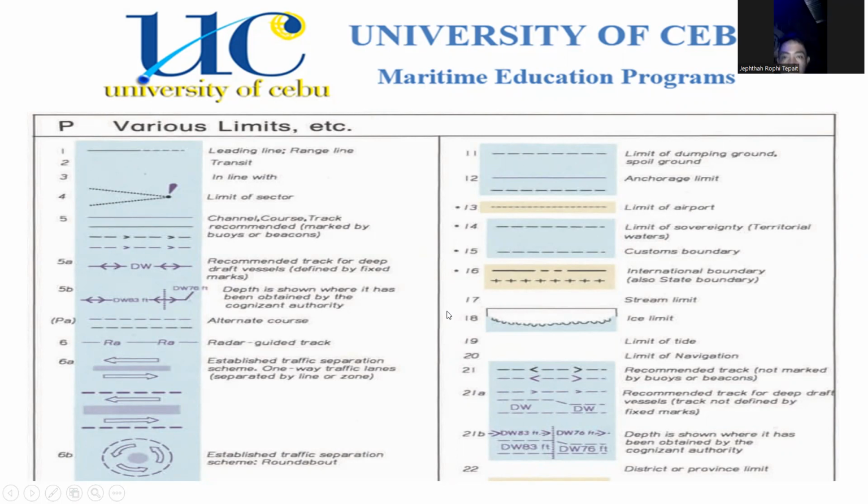We also have limit of dumping ground, spoil ground, anchorage limit, limit of airport, limit of sovereignty, customs boundary, international boundary, stream limit, ice limit, limit of tide, limit of navigation, and so on. Next slide, please.